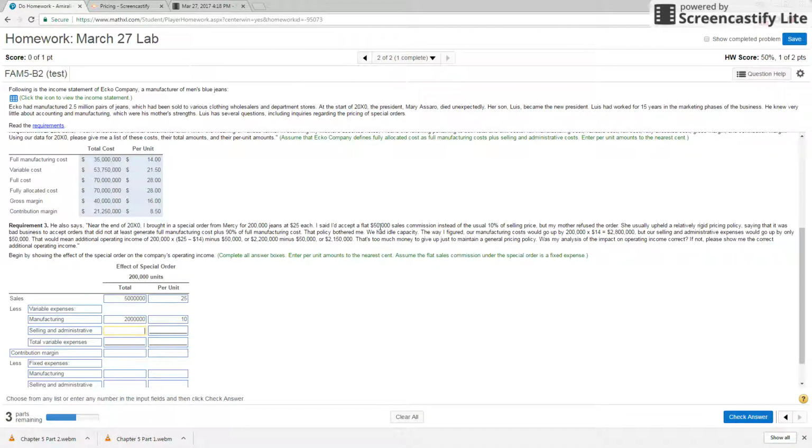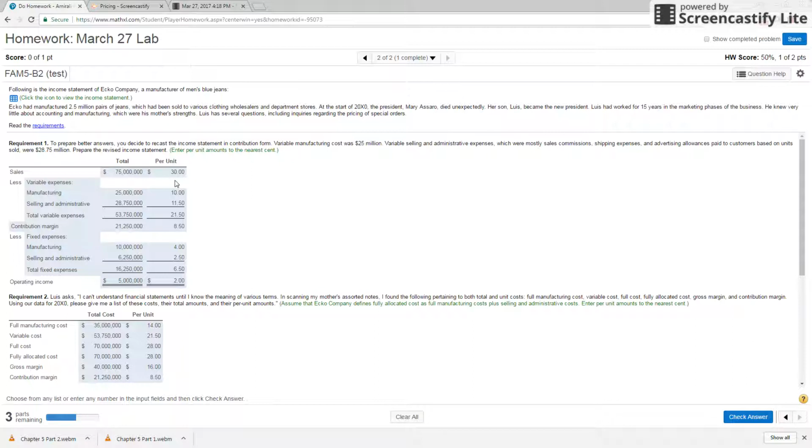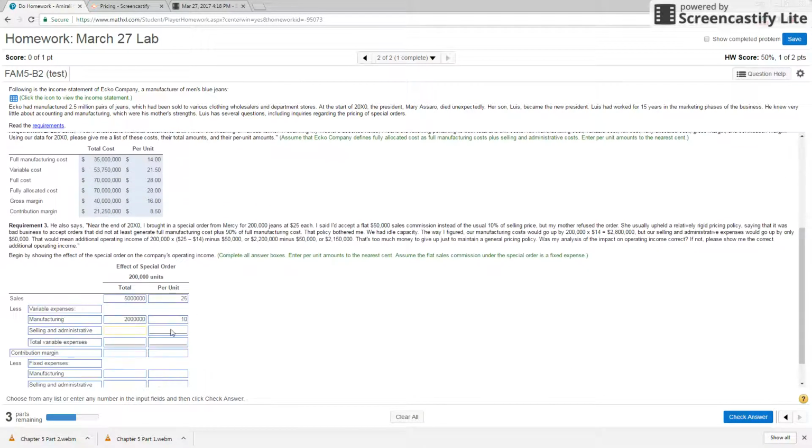So we have to deduct the 10% of the selling price from this number. Our selling price was $30, 10% is $3. So $3 of this 11.5 is that $3. So we deduct and exclude that $3 from our per unit cost. So our per unit cost will be 8.5.